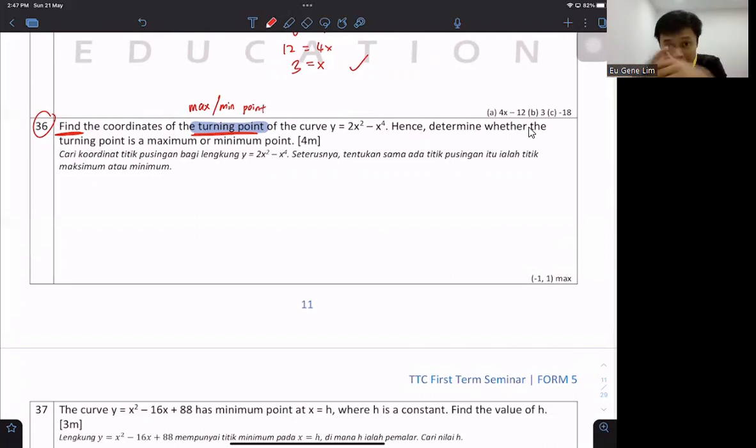So same method, because turning point is maximum minimum, dy dx equals 0. So now I know this question is a differentiation question, because I saw the word turning point, I know it's maximum minimum. I know this is a dy dx question, so I just differentiate first.